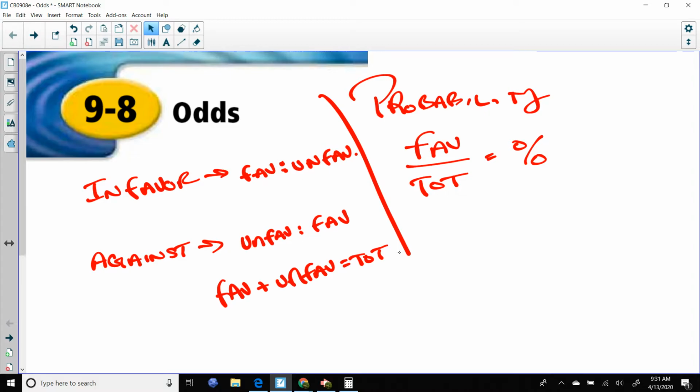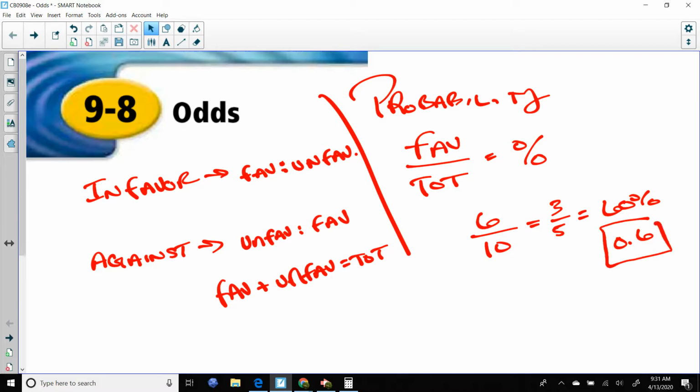So if I had a probability that was 6 out of 10, that would reduce down to 3/5, which ends up being 60%, or 0.6 would be your probability. All right, great. That would be a probability. But for odds, you have 6 favorable outcomes and how many unfavorable?